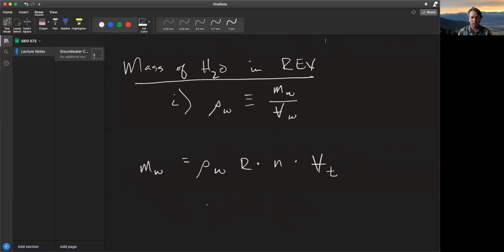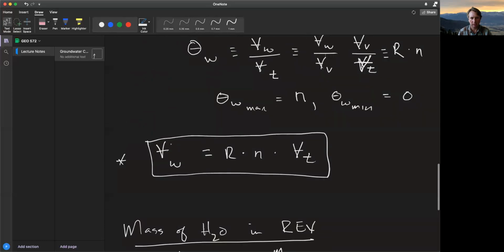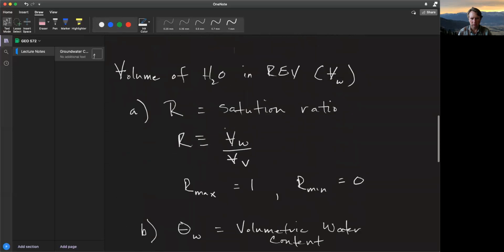Okay, so let's think about some units here. This guy, that's unit of volume. This is unitless, this is unitless. That's unit of volume, so this is length cubed. This one here, volume over volume, that's unitless.